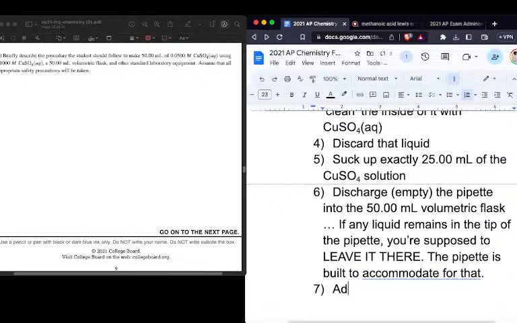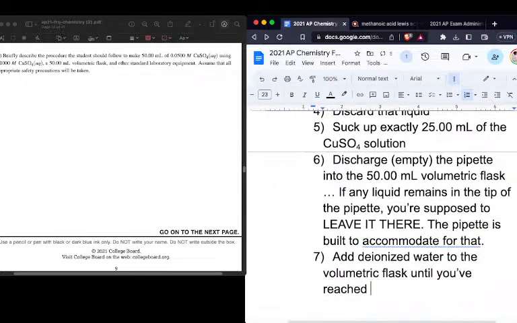Now you're going to add deionized water to the volumetric flask until its meniscus, which is another word that I think they probably want to hear here, reaches the etch mark.